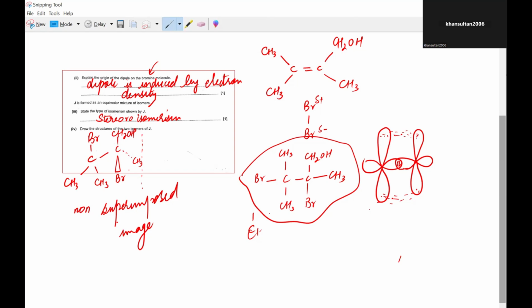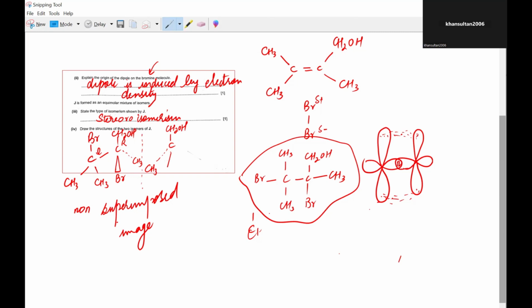And in the second structure, the right side of the molecule would come to the left-hand side. So this is the right-hand side and this is the left-hand side, and they are going to be swapped. So what is going to form? CH2OH would come here, and this CH3 would come at this place.